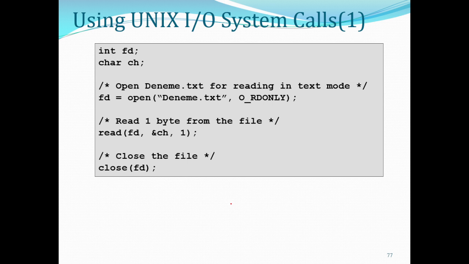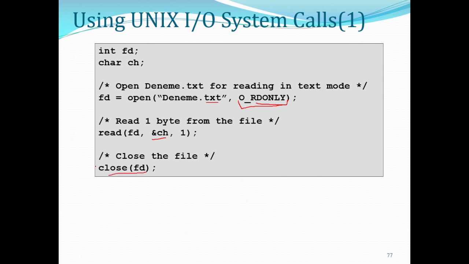And again, this is a Unix command. We open a text file, and it's read-only. Okay, these are the modes, and we are reading 1 byte from the file, and then we are closing it.